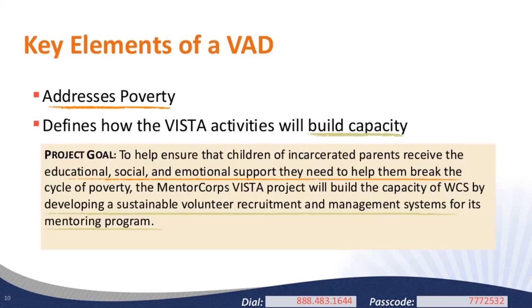VADs need to reflect the following. They must demonstrate the poverty mission of the project, and they must demonstrate activities that clearly show how the VISTA will build capacity, whether that's at the organization level or in the community.